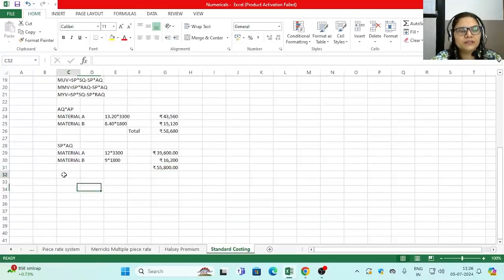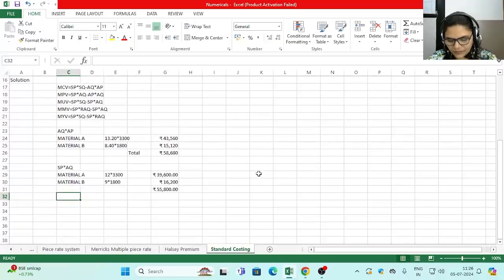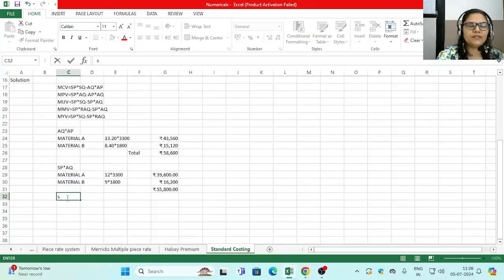Moving on further, let us calculate RAQ or SP into SQ.